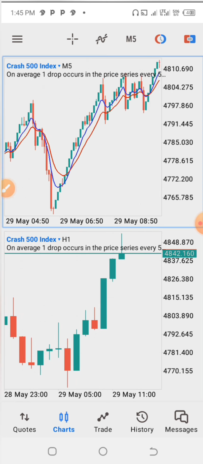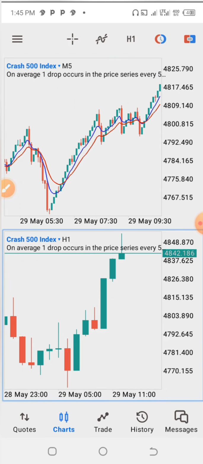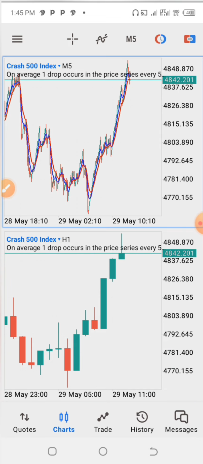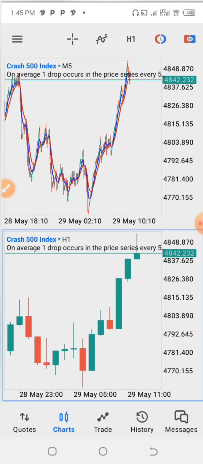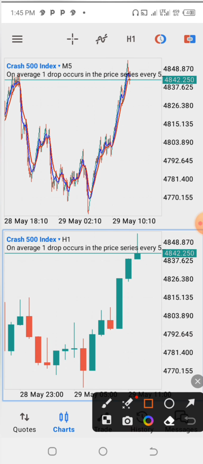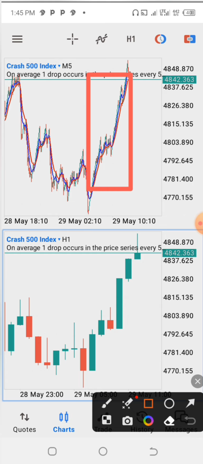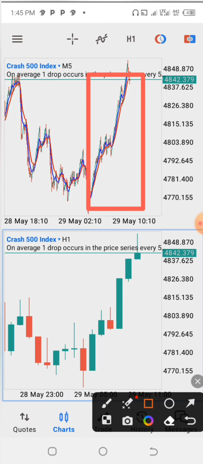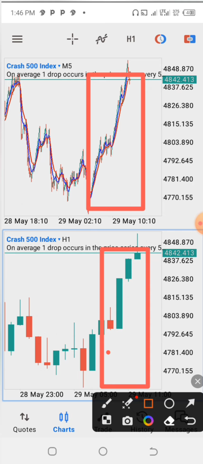Now look at those things. Good. Now look at this. I mark from here. Look at this from this angle here to this spot. Now look at this from this angle to this spot.